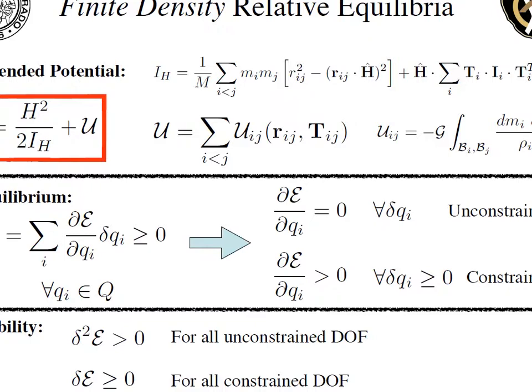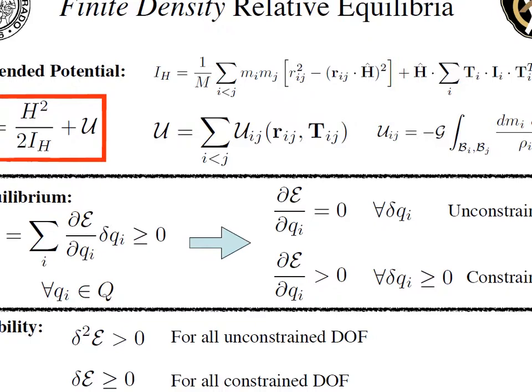Which is if we are actually at one of these constraints and the two bodies rest on each other, then the equilibrium condition is just that the force holding these two bodies together should essentially act to hold this coordinate to 0.